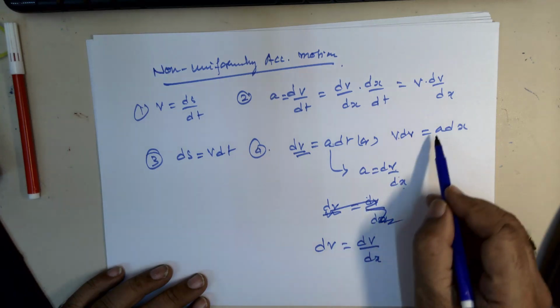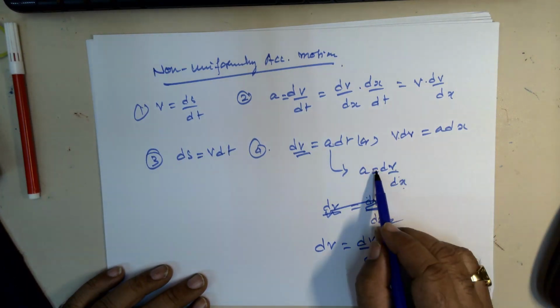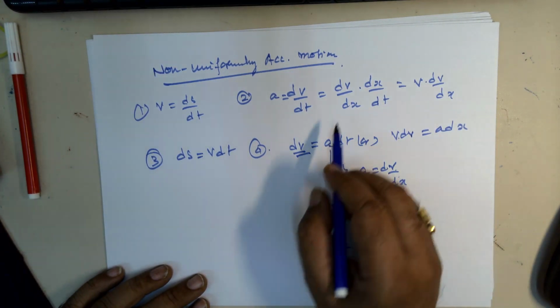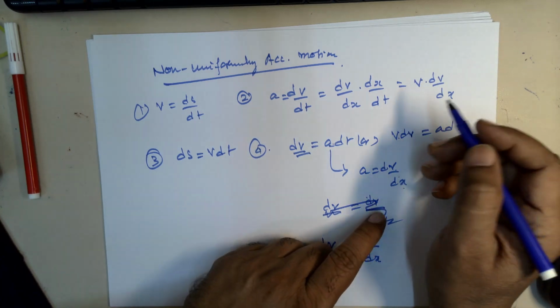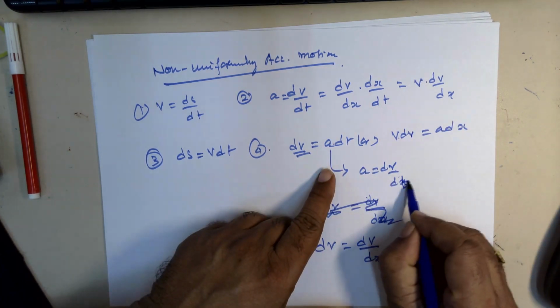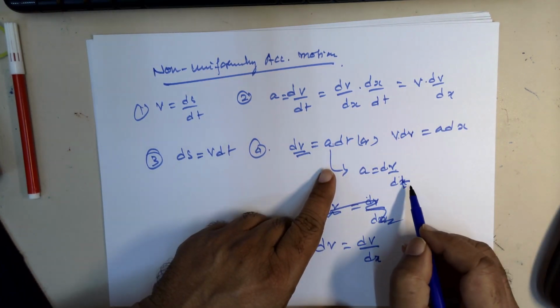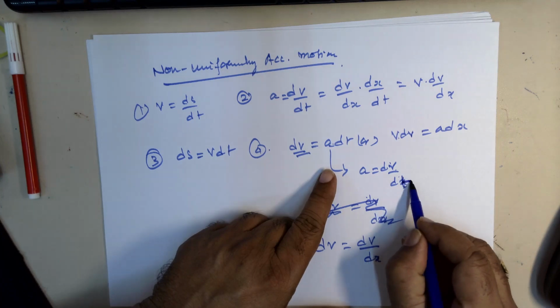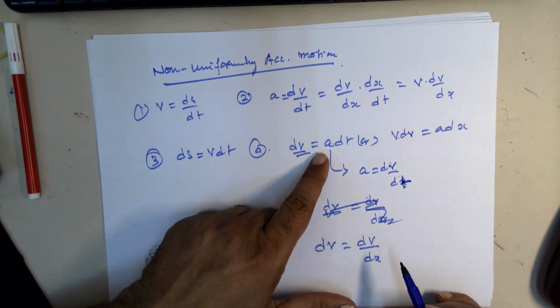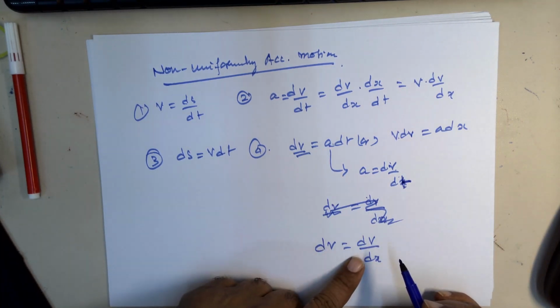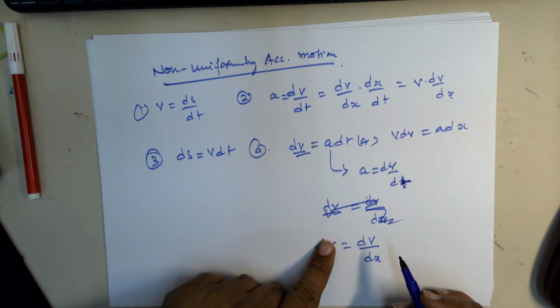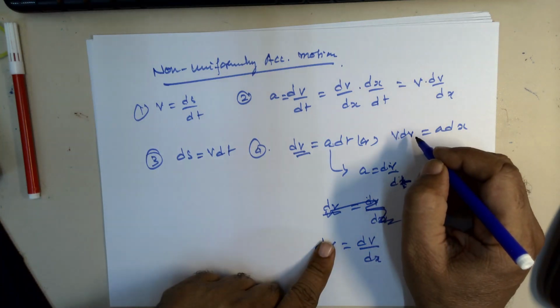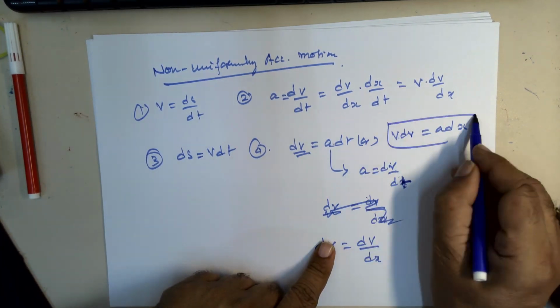How is a dv by dx? A is equal to dv by dt, according to this. We have done this exercise, that is a is equal to dv by dt. So we take this dv by dt, and v is nothing but that, we can go ahead from this.